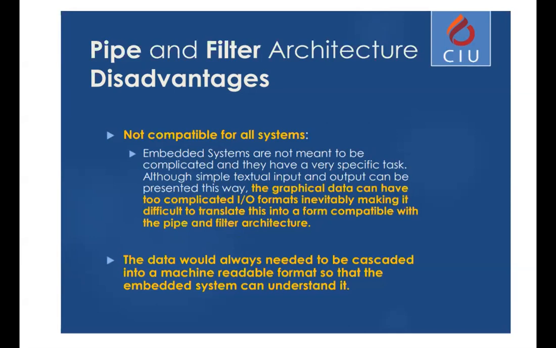Now in here, the system is such a simple system that it doesn't actually differentiate a mouse click from a touch. So for it, the construction of the structure, the actual action is the same. The data will always need to be cascaded into a machine readable format so that the embedded system can understand it.